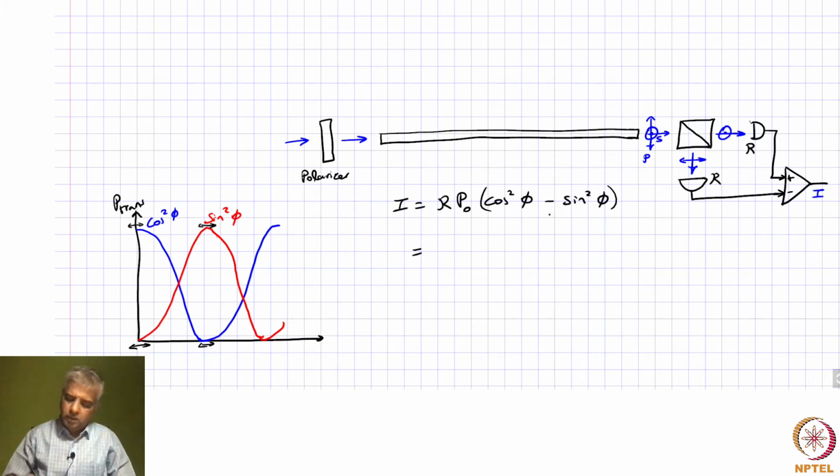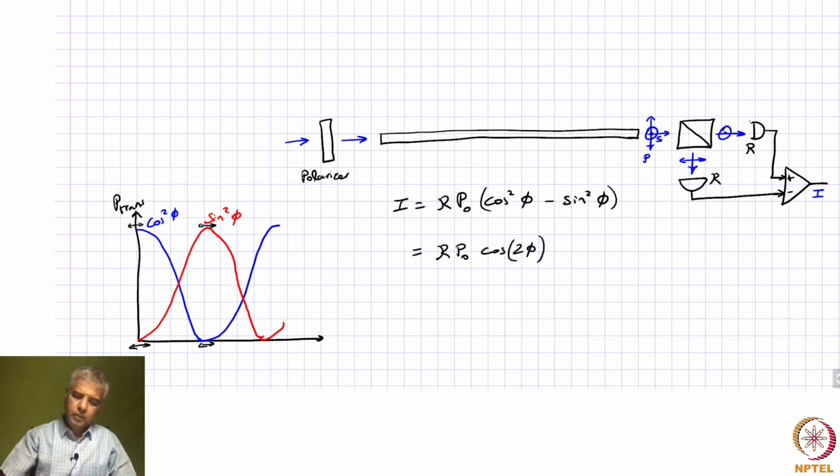To do that, you can just simplify this. So that corresponds to R times P naught cos of 2 phi, where phi corresponds to the angle of the incoming polarization.